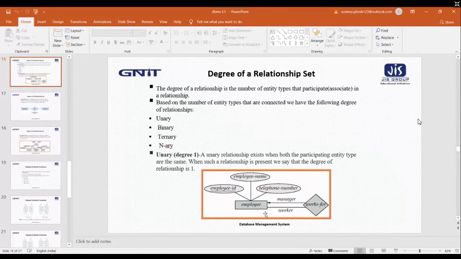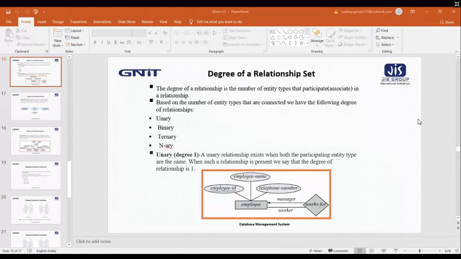Here it is shown that employee works for employee. Employee, that is worker, is working for the particular employee, that is manager.